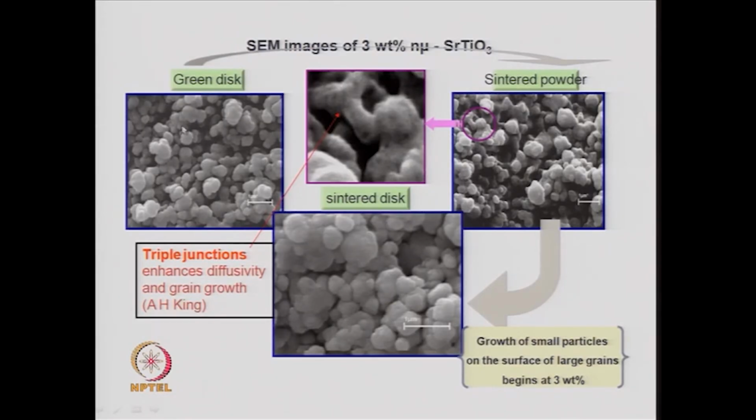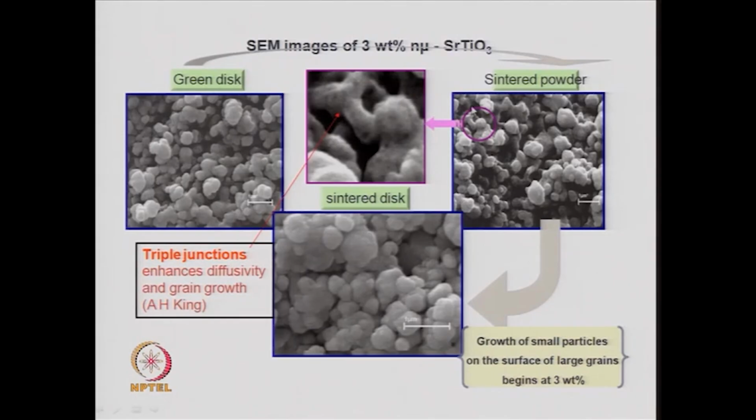Before sintering, you make a compacted disc, and that is called the green disc, and when you sinter it, it is the sintered powder, and if you see the powder much more closely, you will see some kind of junctions. These are called triple junctions, and in literature it is known that when you have such triple junctions, it enhances diffusivity and grain growth.